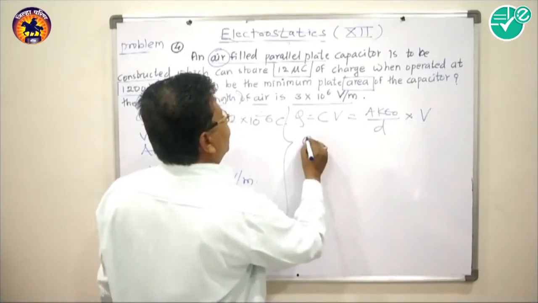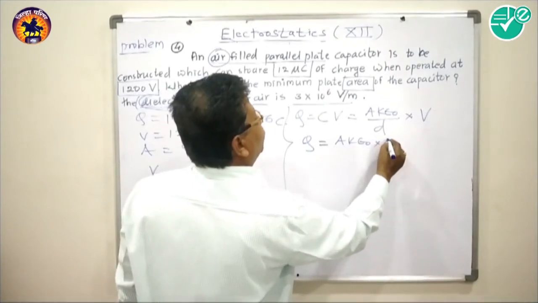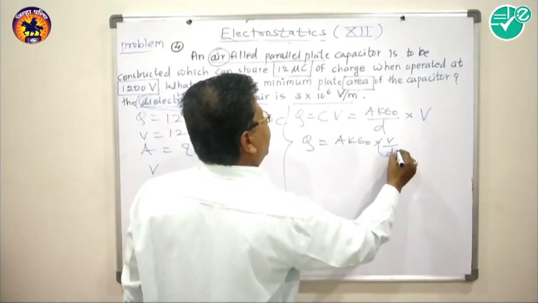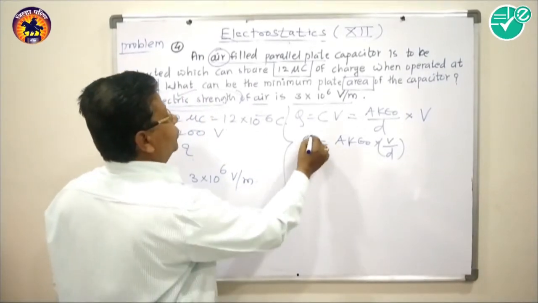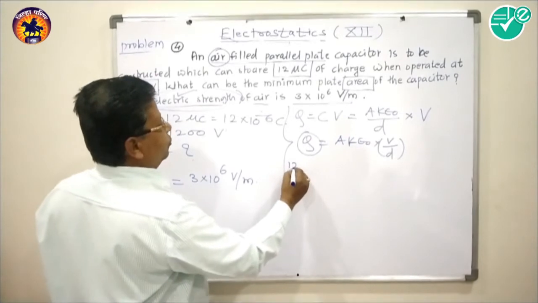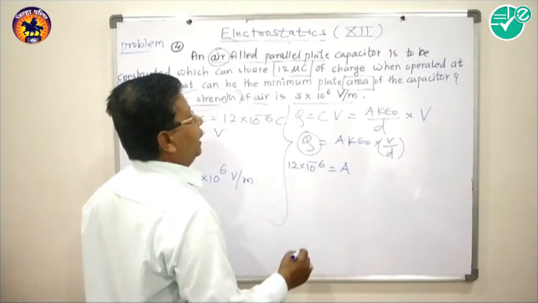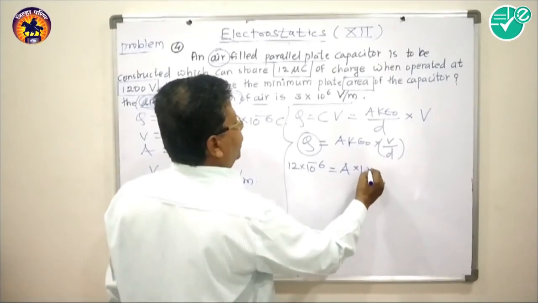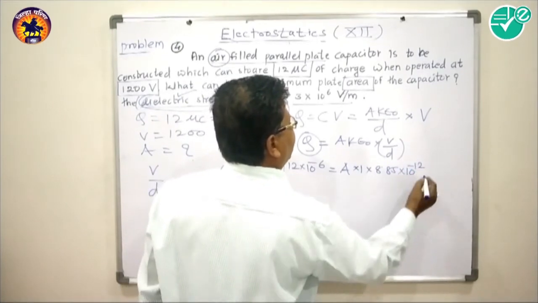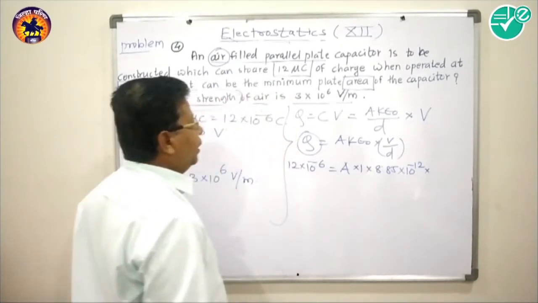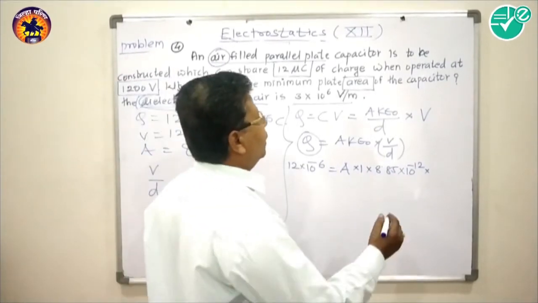Or we write Q is equal to A K epsilon 0 into V divided by d. And hence, if we substitute the value of charge, which is 12 into 10 to the power minus 6, it is equal to A into K, value of K is 1, into 8.85 into 10 to the power minus 12, multiplied by V by d, and V by d is provided, which is 3 into 10 to the power 6.